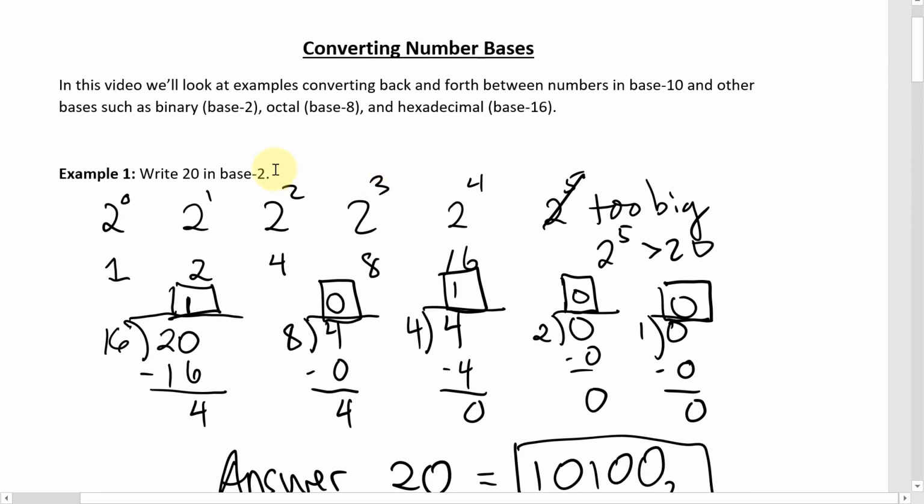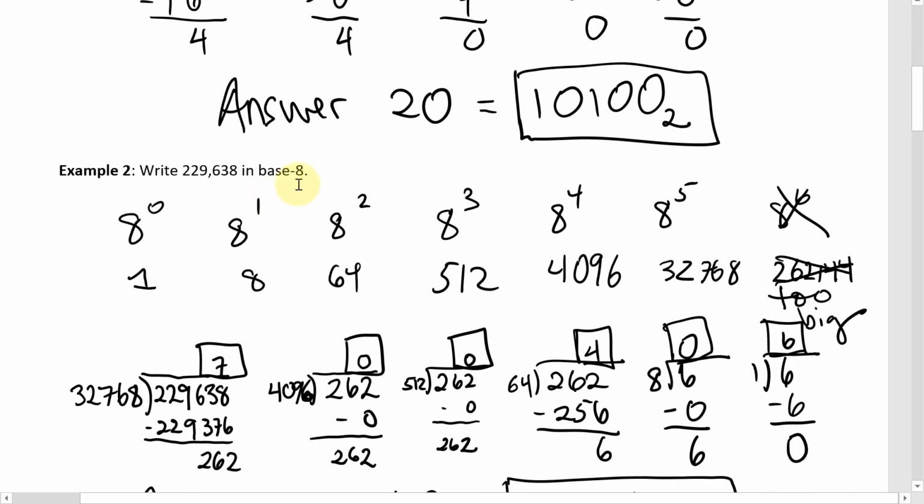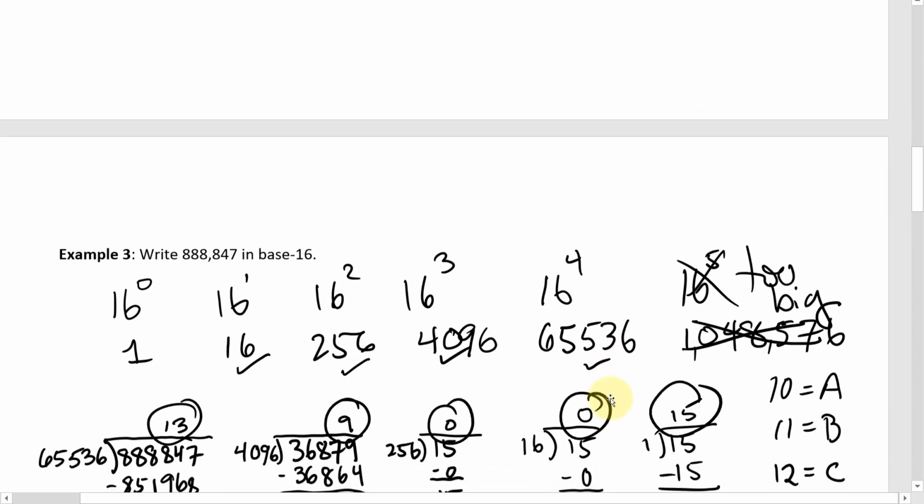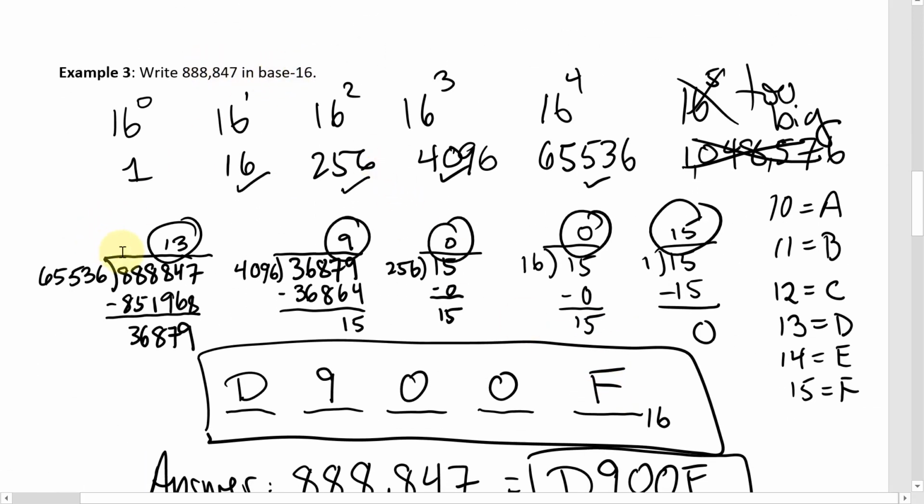If I was converting into base 2, I had to look at all the powers of 2 and then divide by those powers of 2 using long division to figure out all these quotients, and that's where I got the answer. Or if I'm converting to base 8, I did all this division with powers of 8. And converting to base 16, I'm doing all this division with powers of 16.